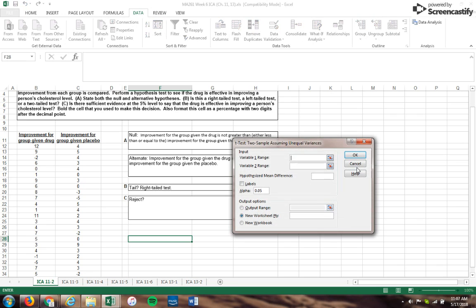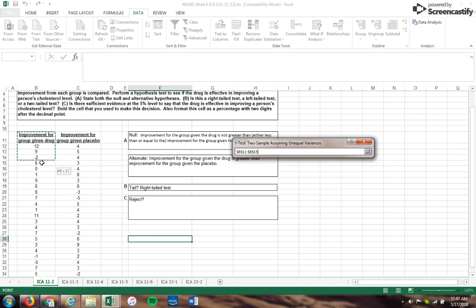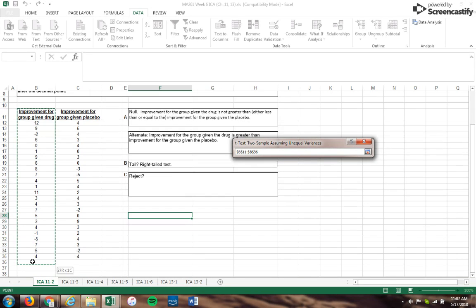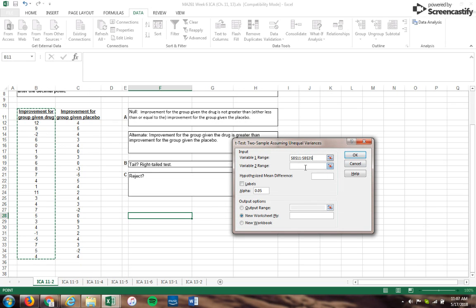So we click OK. Now it is asking us for inputs, variable 1 range, variable 2 range. Our variable 1 range is going to be the first set of samples using the drug, and our variable 2 range is going to be the second group using the placebo. This box, hypothesized mean difference, we're just going to leave blank. We don't need to use that.